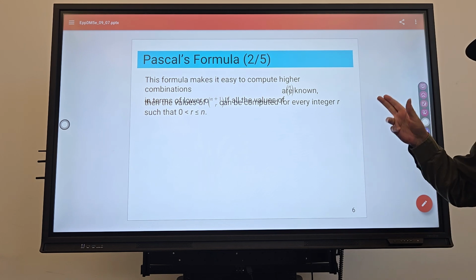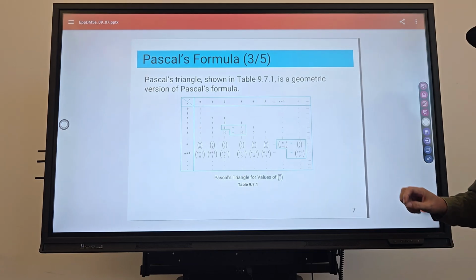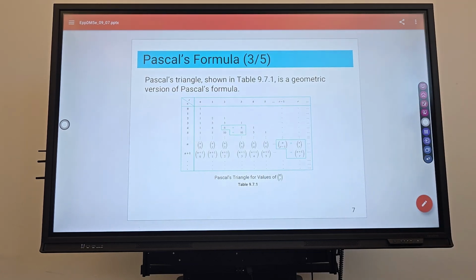So this slide is kind of screwy in this program. Looking at it in PowerPoint, it'll probably come out right. But this is Pascal's formula, or triangle.